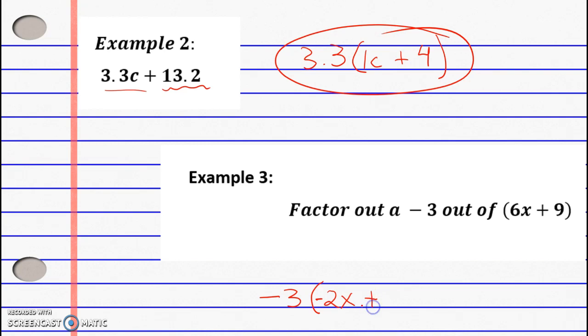And then we're going to add, what do we have to take out of 9? Or -3 times what equals positive 9? Negative times a negative makes a positive. Or you could write this -3 times -2x minus 3. Same thing. Either way.